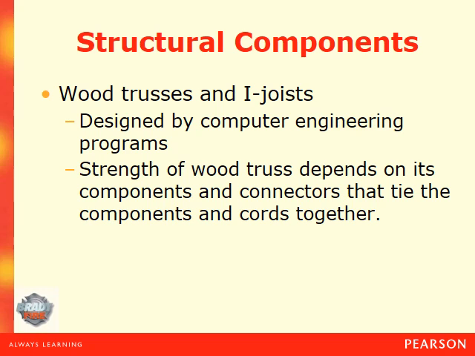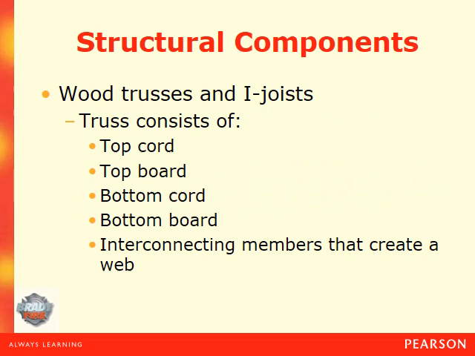Wood trusses and I-joists are designed by computer engineering programs. The strength of the wood truss depends on its components and the connectors that tie the components and the cords together. When you're looking at your I-joist, it's made up of several different parts.